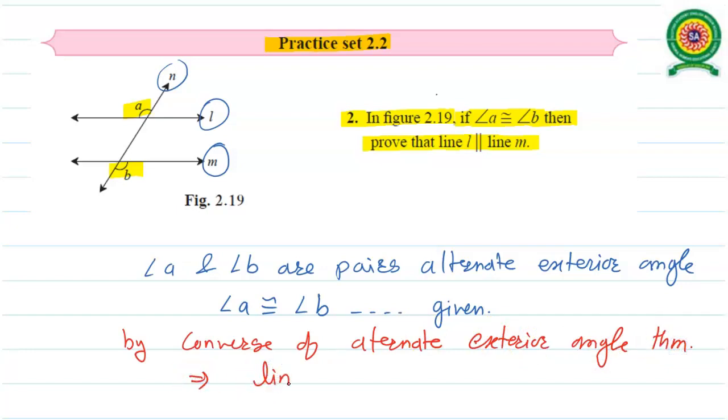That means line L is parallel to line M. Once we have two lines and a transversal, and a pair of alternate exterior angles are congruent, then the lines are parallel. This is our converse of the alternate exterior angle theorem.